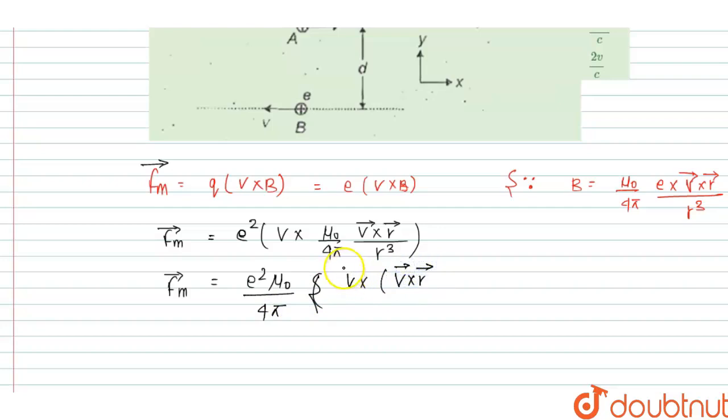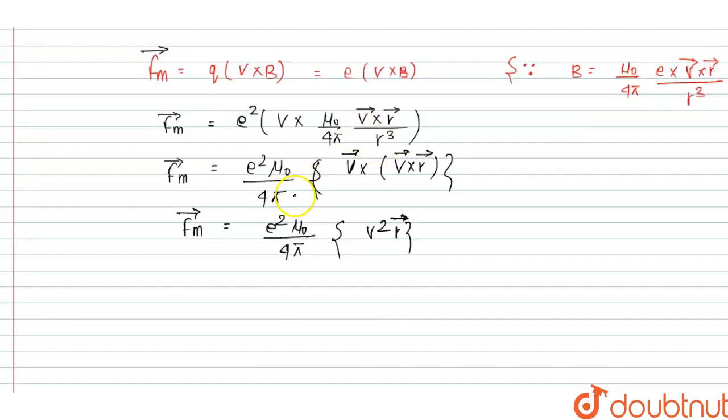Since we know the properties of the triple product, Fm is equal to e square mu naught upon 4 pi, v square into r. Here r is the direction of the position vector, and r cubed is the denominator.